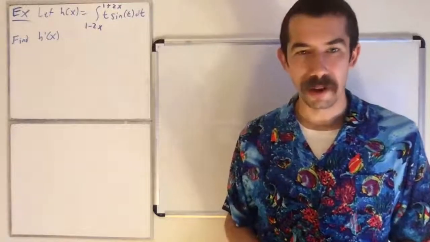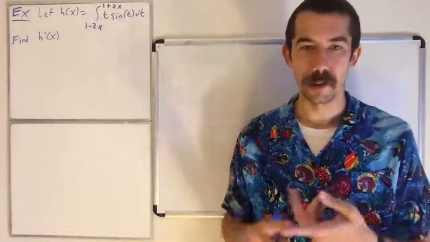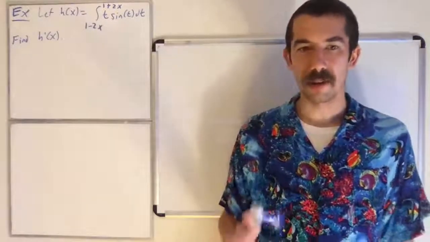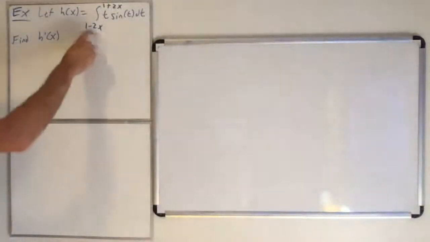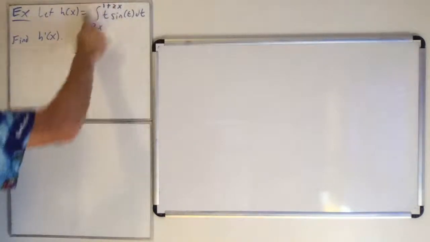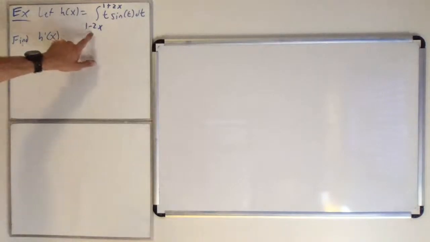Yeah, we're going to use the fundamental theorem, part 1, actually. There are 2 parts to it. We're going to use the first part, which tells us how to take the derivative when you have a constant as the bottom and you have x up top. Right, but here we have a function and a function.